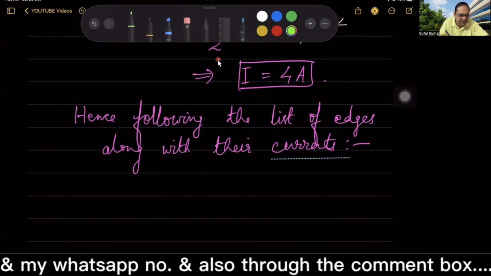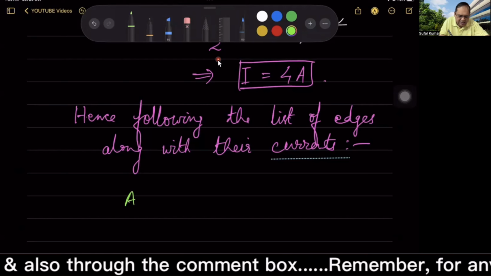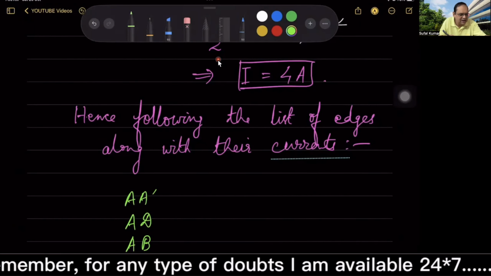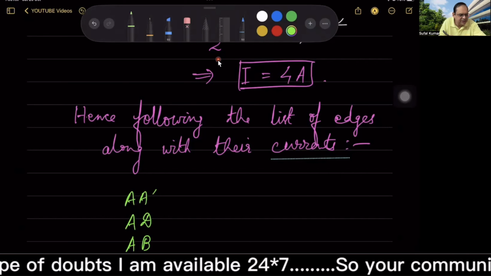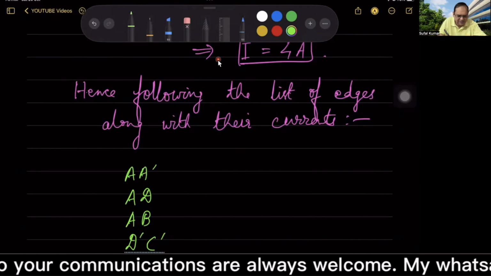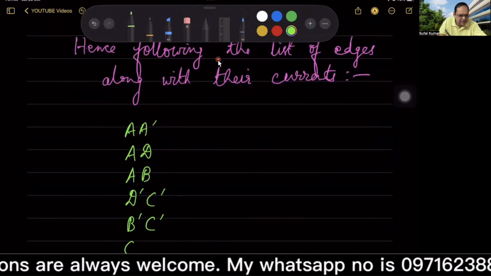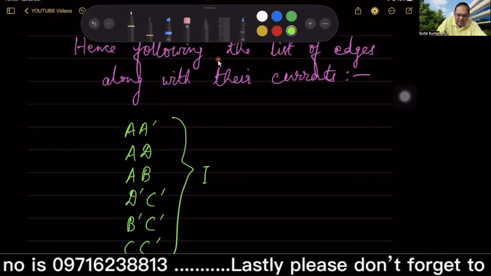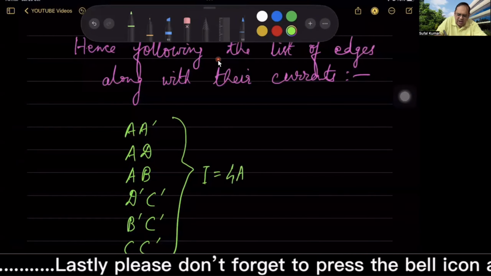Now I'll be naming the edges: A, A', AD, AB. Then lastly these 3, and D'C', B'C', and CC'. All these are having I, that means 4 ampere.